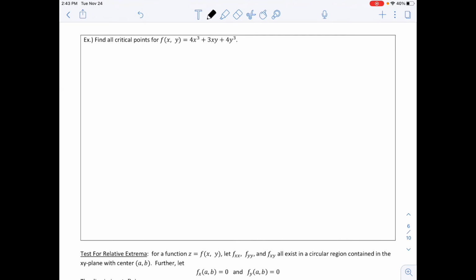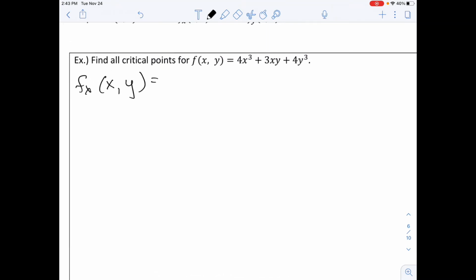And so our partial with respect to x of f, taking the derivative with respect to x, we are going to end up with 12x squared plus, taking the derivative of 3xy, the 3 and the y are constants, taking the derivative of the x, it would be 1.